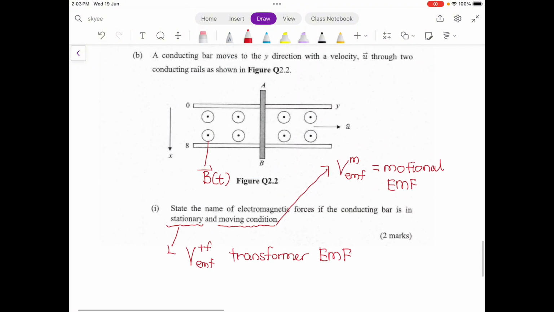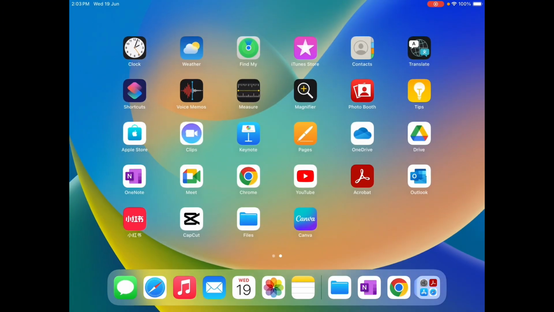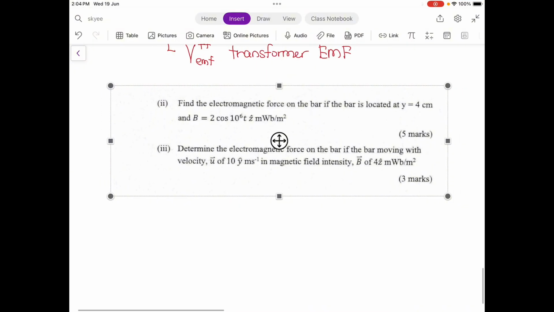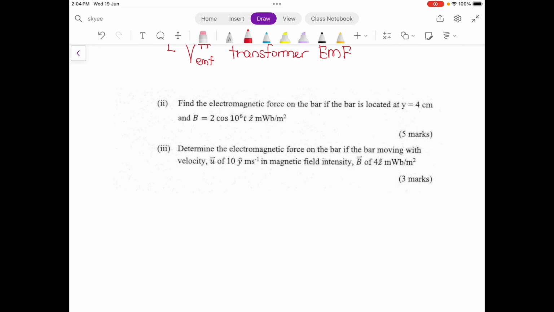So we go to question number 2. Find the EMF on the bar if the bar is located at the position y equals 4 centimeter and the B is this. You see here it is a milli.